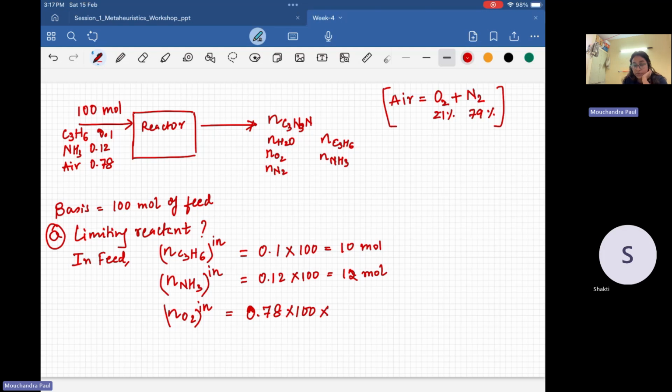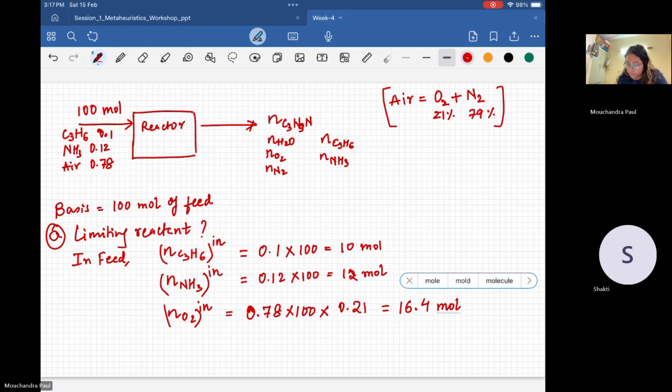Of this, 21% is air, so 0.21. If we complete this calculation, you will get 16.38 or 16.4 moles. So these are the individual numbers of moles in the feed.